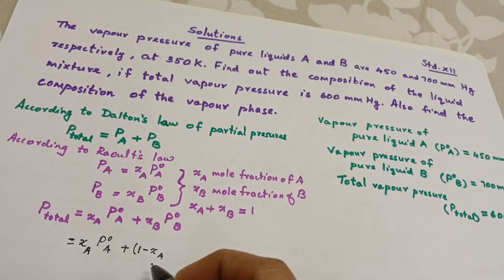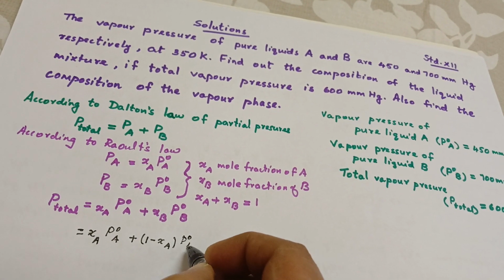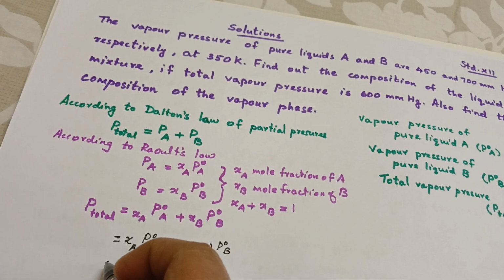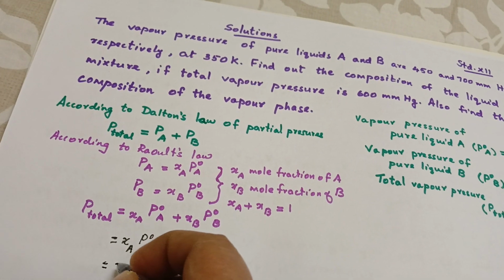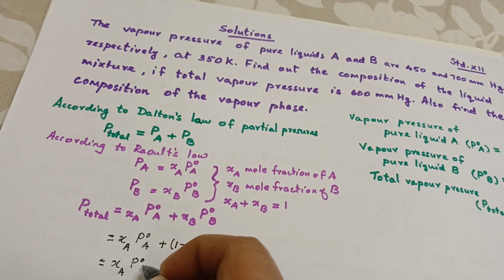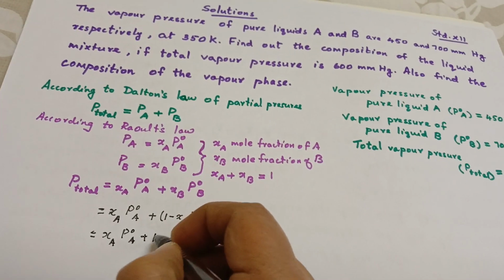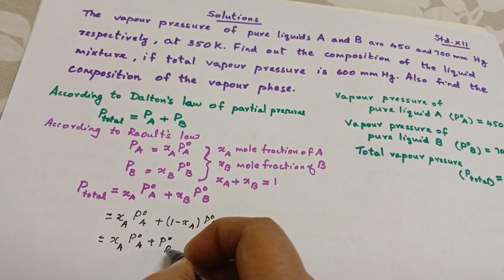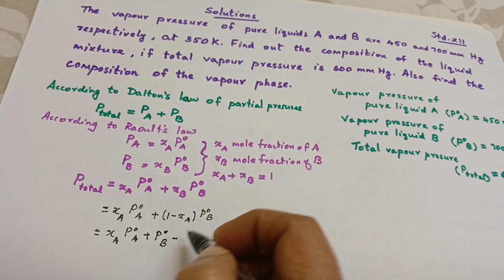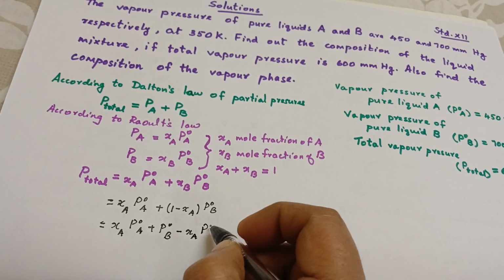So we will write it as 1 minus XA into P0B. Let us do it. XA into P0A. If we expand this, we can write it like P0B minus XA into P0B.